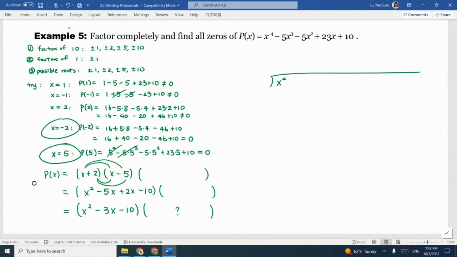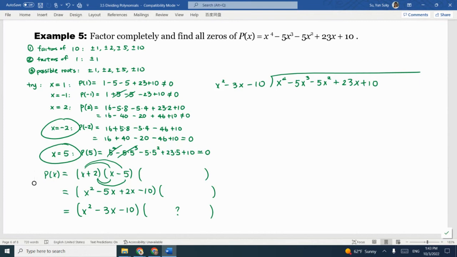x to the 4 minus 5x cubed minus 5x squared plus 23x plus 10 divided by x squared minus 3x minus 10.